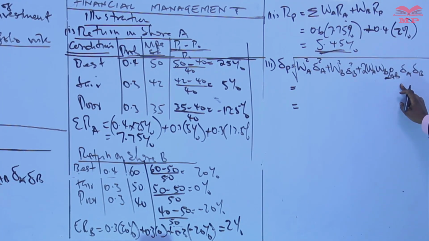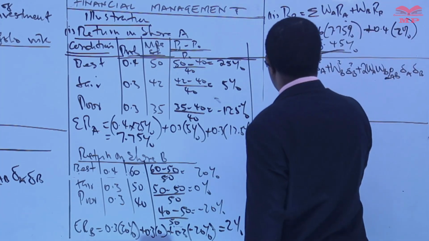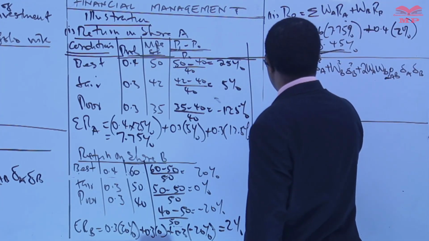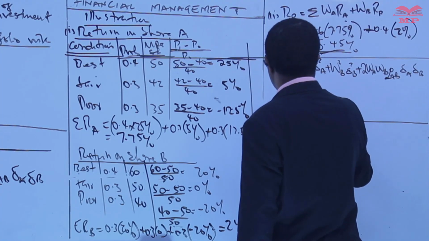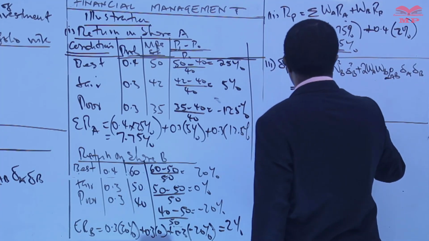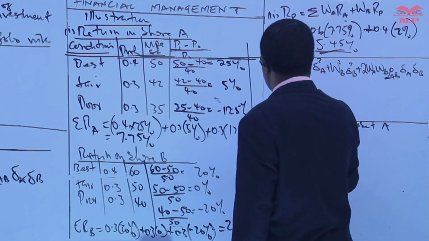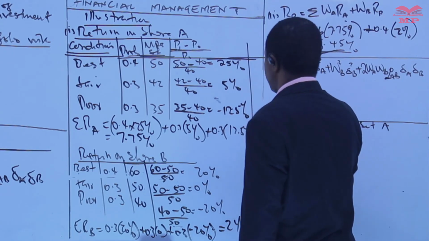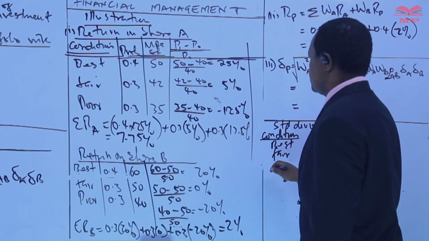See that? So how do you calculate the standard deviation? Let's first do the standard deviation of asset A. We have the conditions: best, fair, poor.